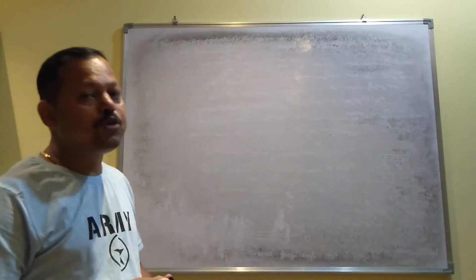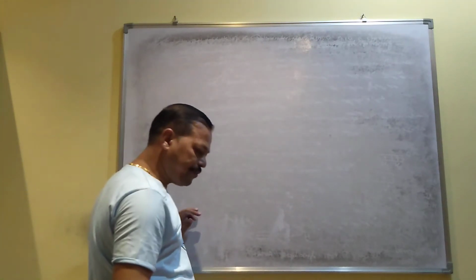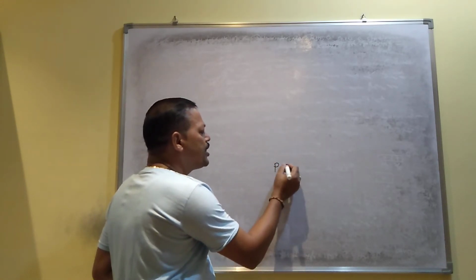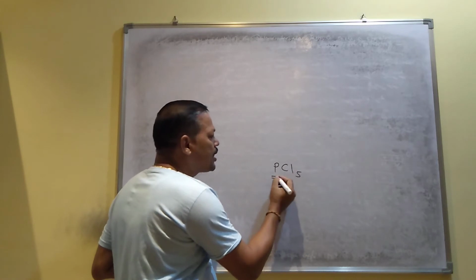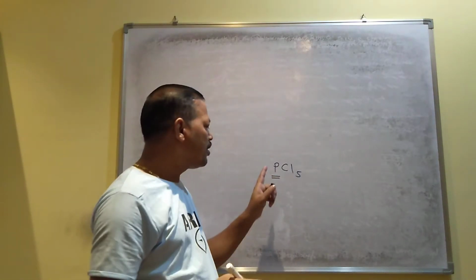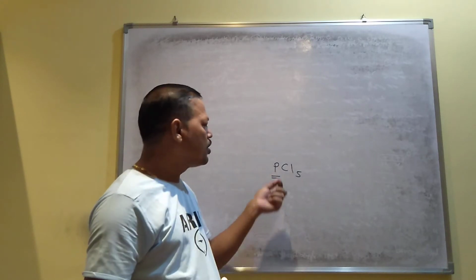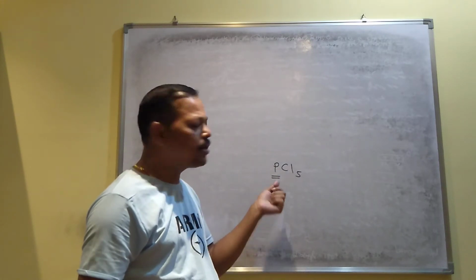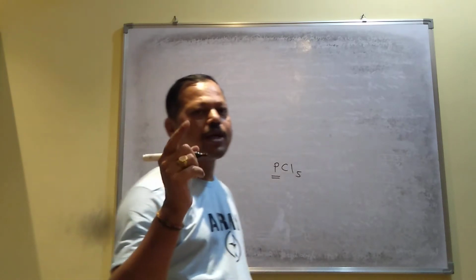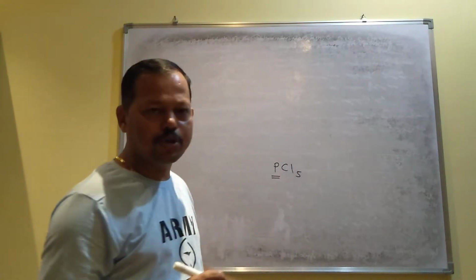But if some other molecules are given, suppose you want to find out the hybridization of phosphorus, generally the central atom, I mean the atom which is present at the center, that atom undergoes hybridization. So here phosphorus undergoes hybridization. What type of hybridization is shown by phosphorus? That single bond, double bond concept is not applicable for phosphorus.